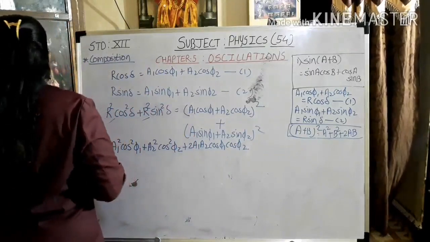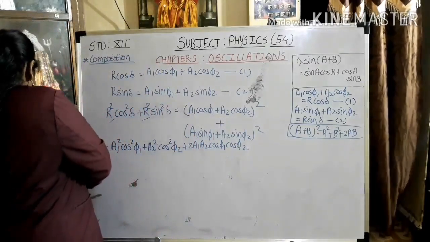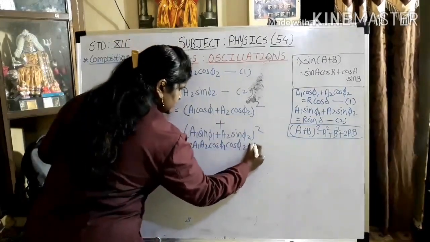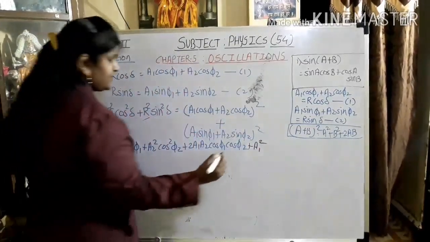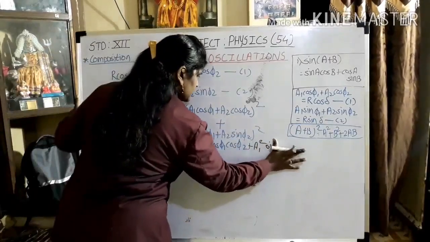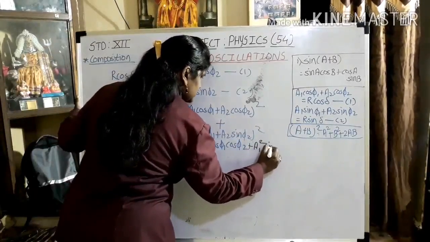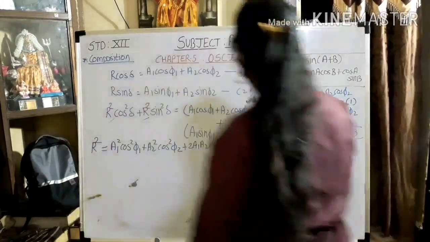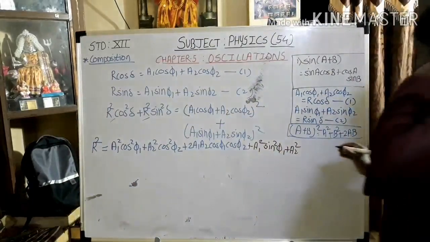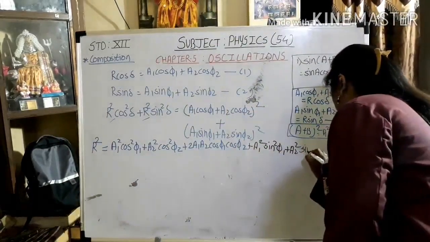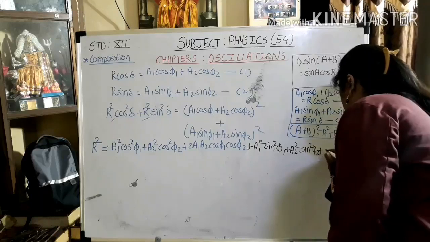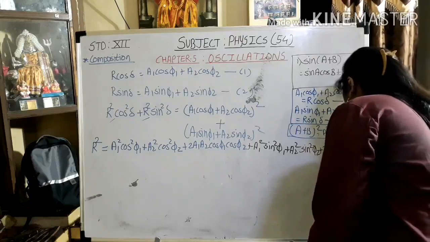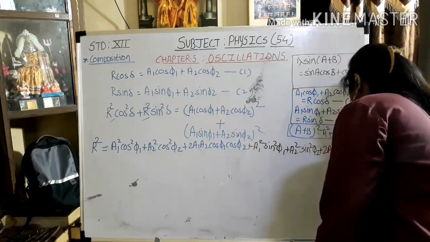And we'll solve another bracket, which is the sin bracket. So that will be a1 square sin square phi 1 plus a2 square sin square phi 2 plus twice a1 a2 sin phi 1 sin phi 2.